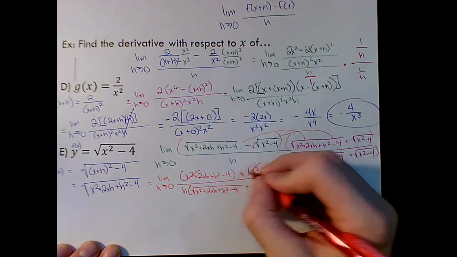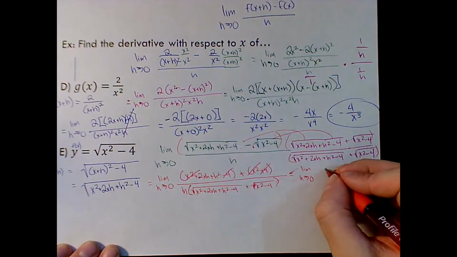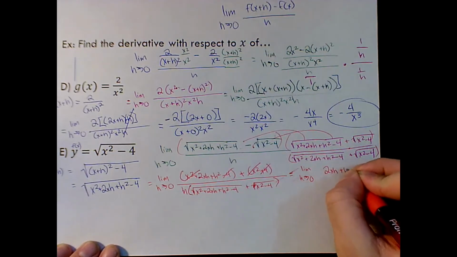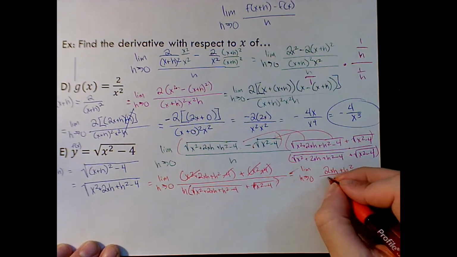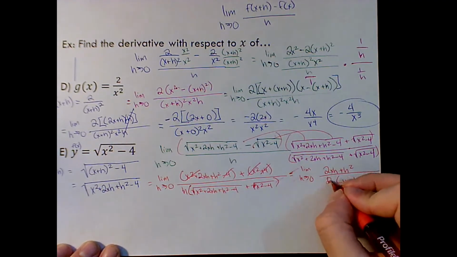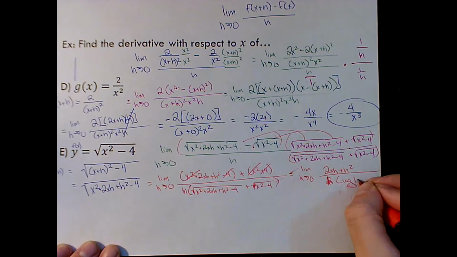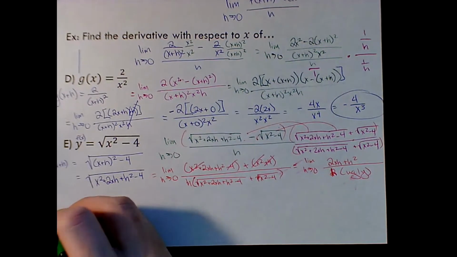If I distribute the negative, that becomes a plus 4, so that goes away. So I'm left with 2xh plus h squared over that. So I'm going to say 2 times ugly. H times ugly. And I'll bring ugly back. I just did not have a whole space to put it. We're bringing ugly back. Justin Timberlake.